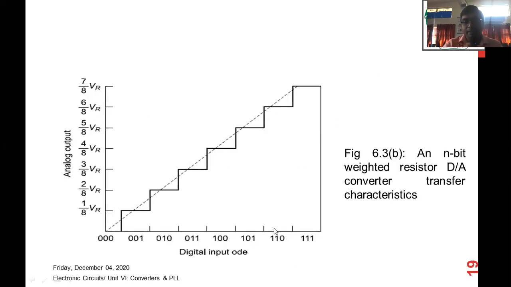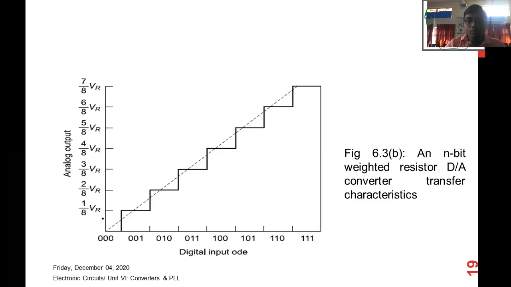And this is the transfer characteristic of the n-bit binary weighted resistor D to A converter, where we have taken a 3-bit one for simplification of the diagram. As the number of bits increases, the number of levels increases. So here the 3-bit data is there, that's why only 8 levels are required. So this is the staircase output that we have shown with respect to the digital input.